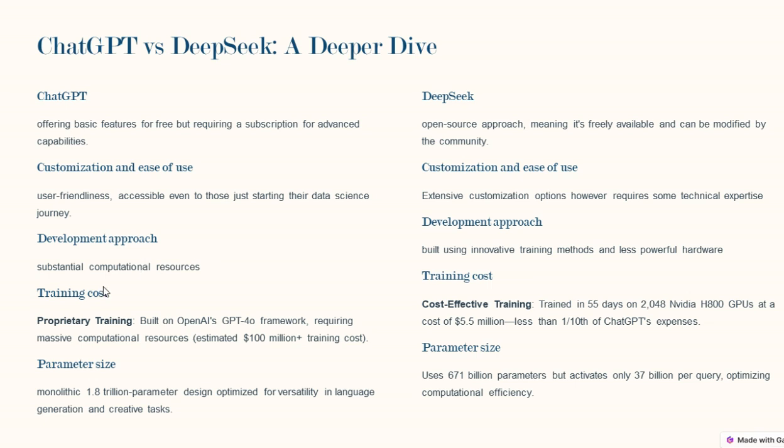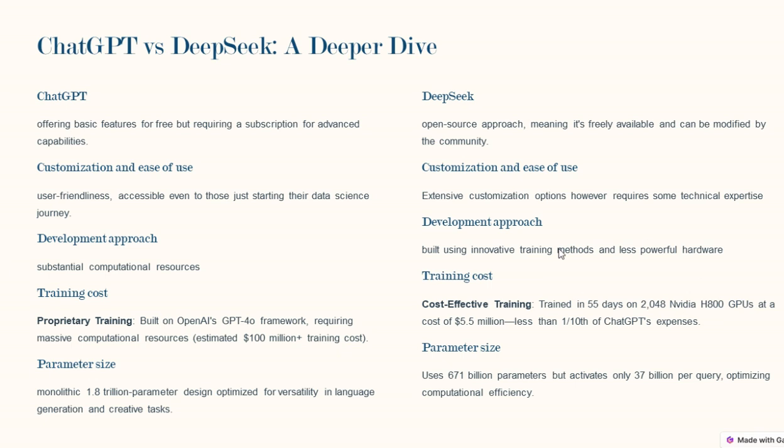As for the development approach, ChatGPT needs substantial computational resources. This is one of the major differences. ChatGPT requires extensive computational resources, whereas DeepSeek is built using innovative training methods, and therefore it requires less powerful hardware. Coming to the training cost, ChatGPT is built on OpenAI's GPT-4 framework, requiring massive computational resources, with an estimated training cost of $100 million plus.